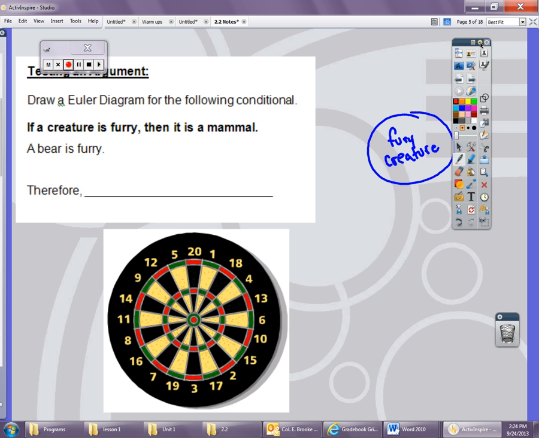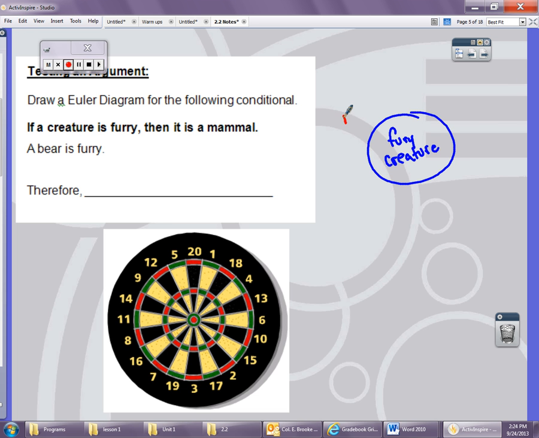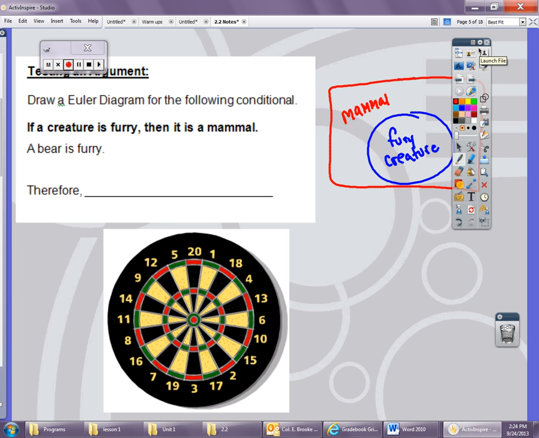Then we get our box for our mammal. So if a creature is furry, here's our furry creature, then it's a mammal. Well, a bear is furry, so therefore we have our bear. He's furry, therefore the bear is a mammal.